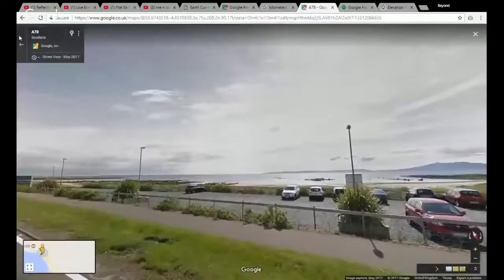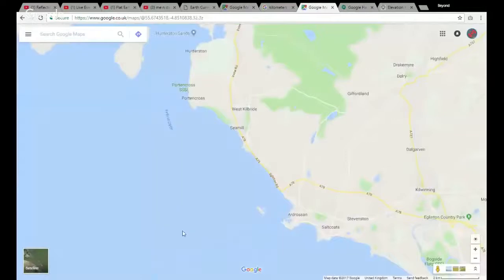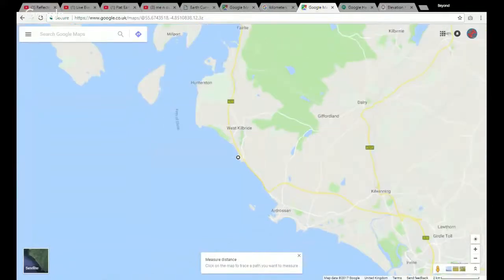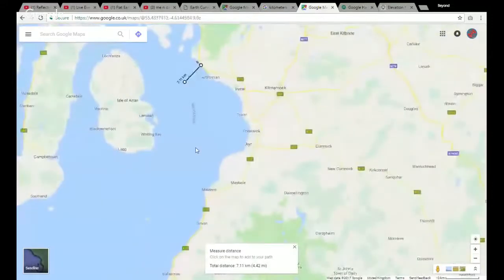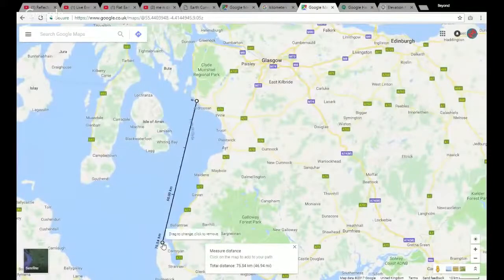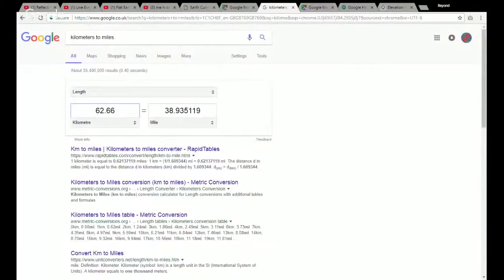Maps, right. So we're saying we're here at Seamill. Measure distance. So that furthest point that we're seeing there is 75.5 kilometres, 46 miles.